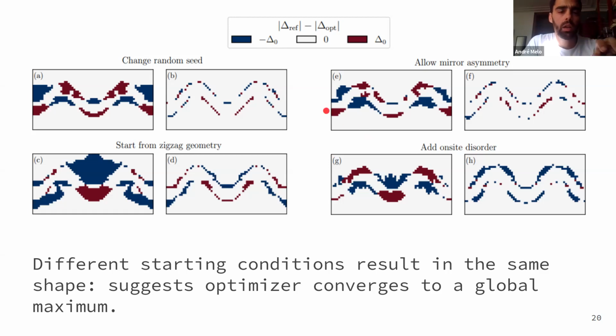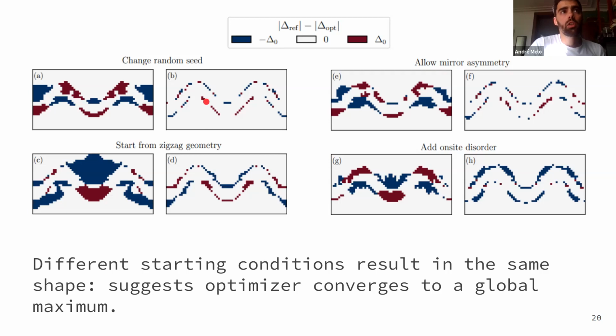And so I'm plotting here the difference of the reference shape with the shape we obtained in each of these simulations. White here means that the shape at that point is identical, and if it's blue or red, it means there's a difference.